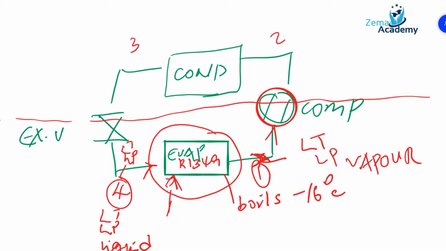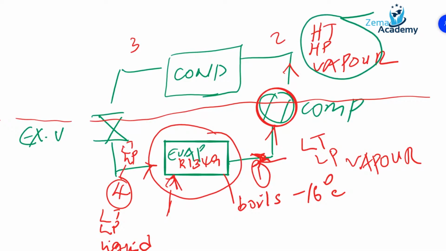So we use the compressor to compress, or reduce the volume of, that low temperature and low pressure vapor, and therefore it comes out at high temperature and high pressure vapor. And that is actually what we use for our application.